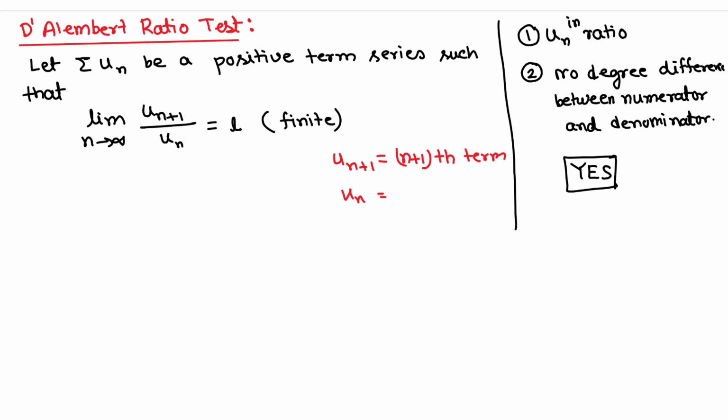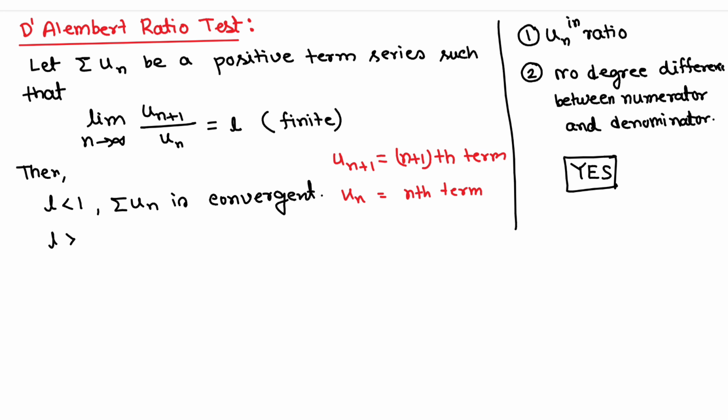Now if this is equal to L, some finite number, then if L is less than 1, summation un is convergent. If L is greater than 1, summation un is divergent. And if L is equal to 1, test fails.